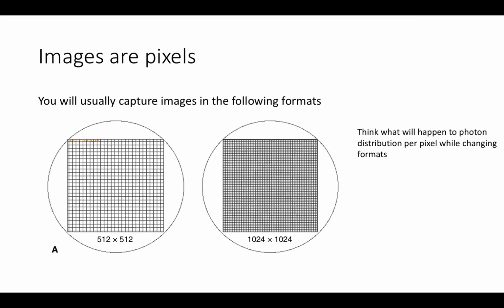Apart from that, with 1024 by 1024, the image quality is much better. So if you want to zoom in and show a structure of your interest, a 1024 by 1024 will give you a better quality image. A caveat here: the other way of looking at that is also by zooming in to your structure just when you start to image. These are the kind of things I'll show you on the microscope.